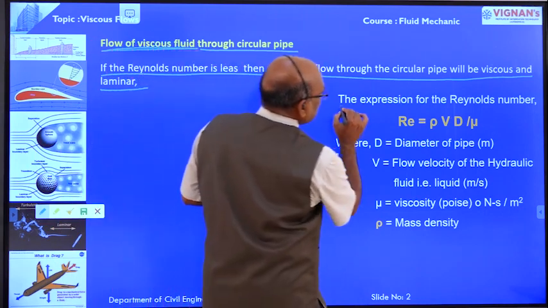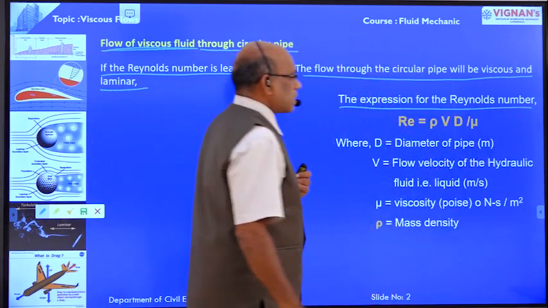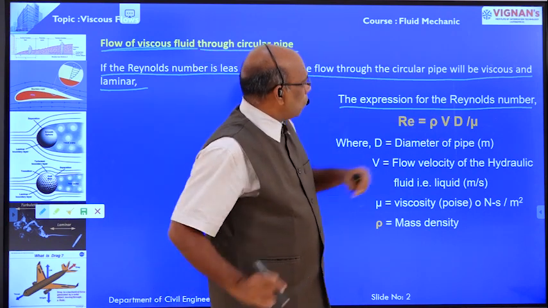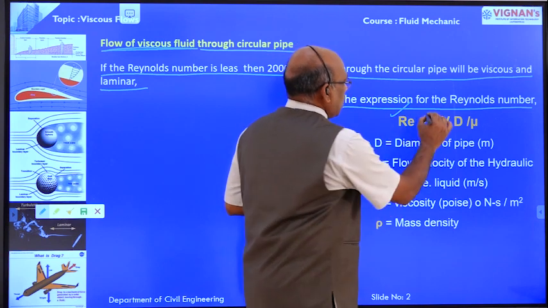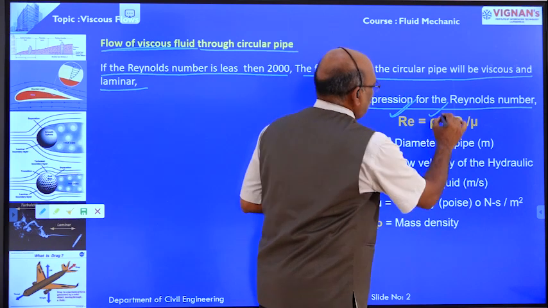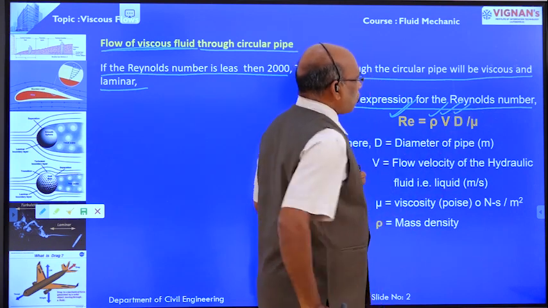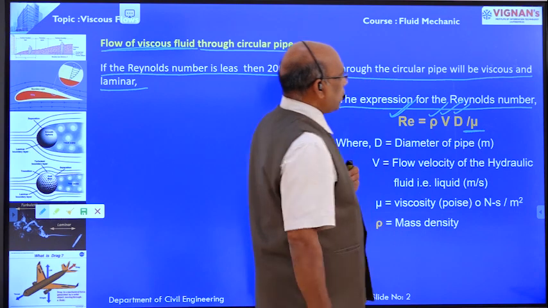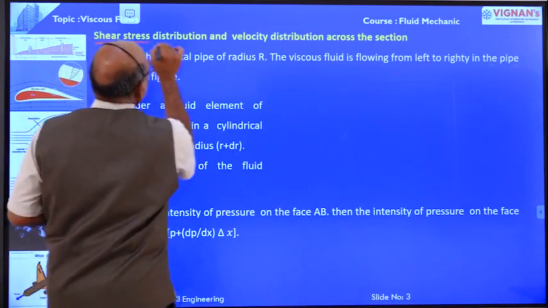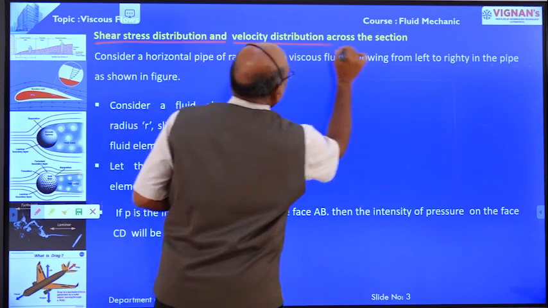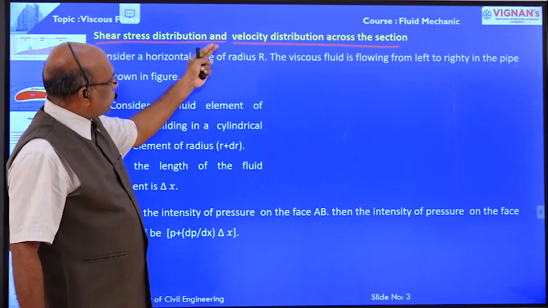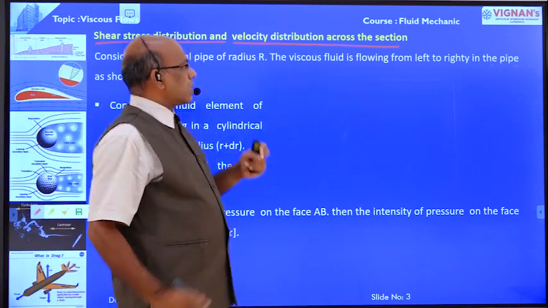Now the expression for the Reynolds number: Re equals rho v d by mu, where Re is the Reynolds number, rho is the mass density, v is the velocity of flow, d is the diameter of the pipeline, and mu is the viscosity of the fluid. Now first we are going to determine the shear stress distribution and velocity distribution across the pipe.